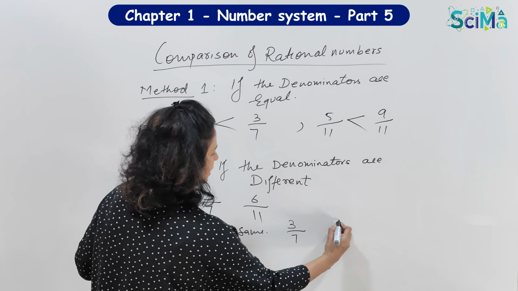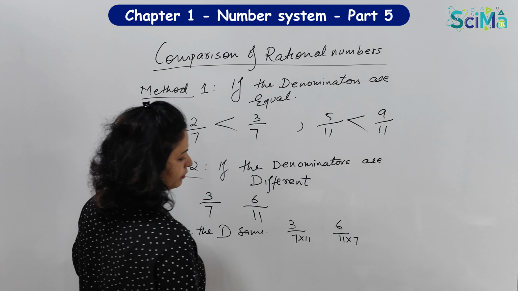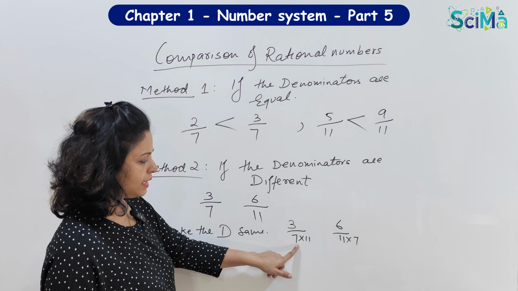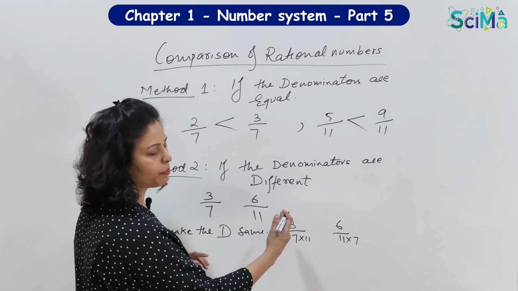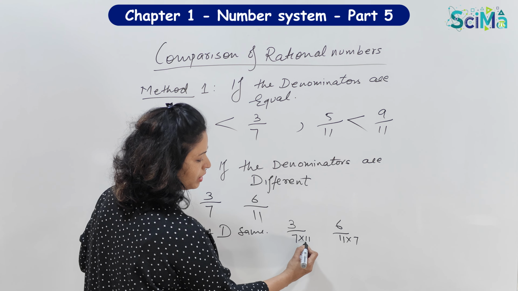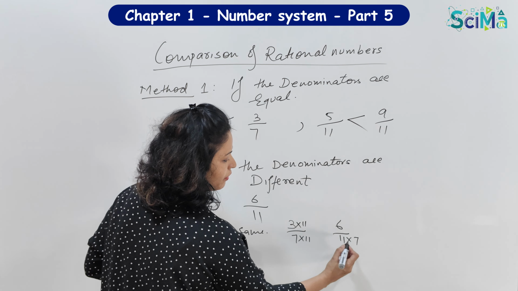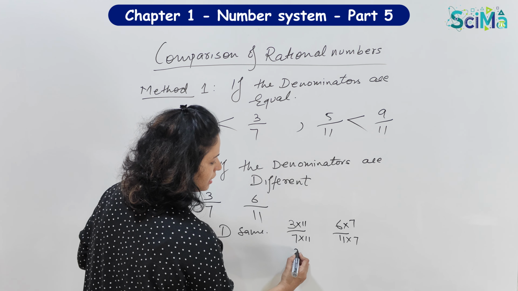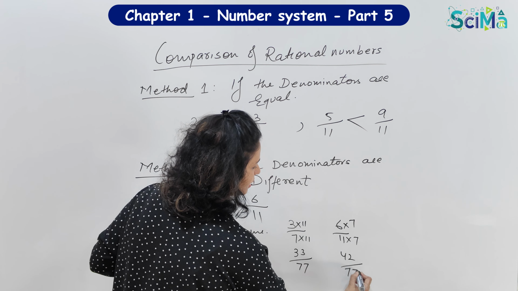Just by seeing, I can say 7 into 11 and 11 into 7. 7 into 11 I get 77, and 11 into 7 also. So I get equivalent forms. I'm multiplying with 11 in the denominator here, so here also I have to multiply with 11. Here I'm writing 11 into 7, so here also I should multiply with 7. So here I get 33 by 77, and here I get 42 by 77.